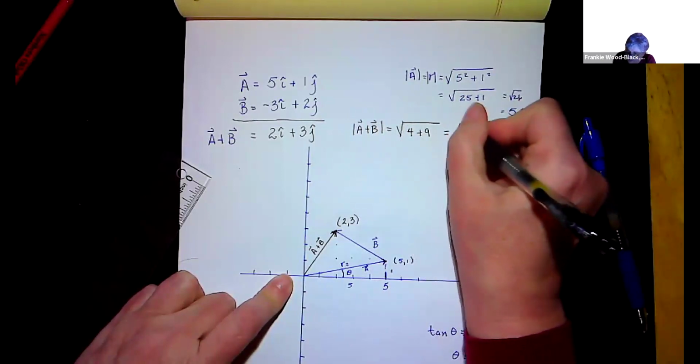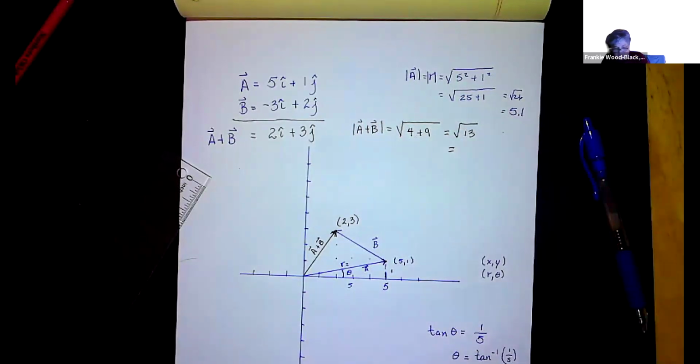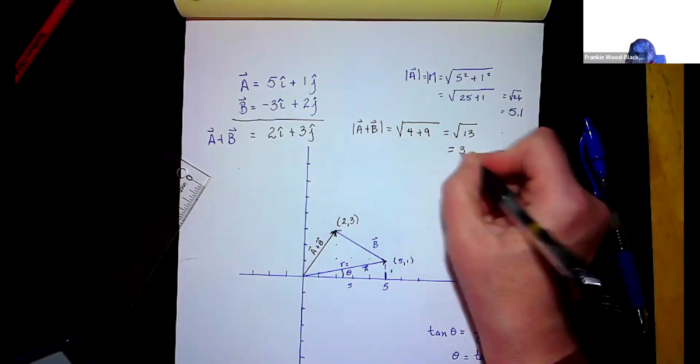That's going to be the square root of 13. And if I do the square root of 13, that's going to be 3.6.